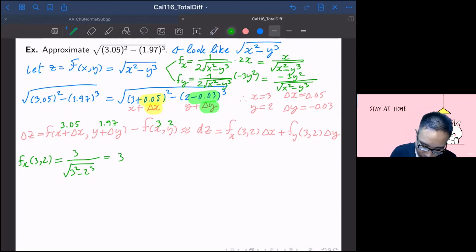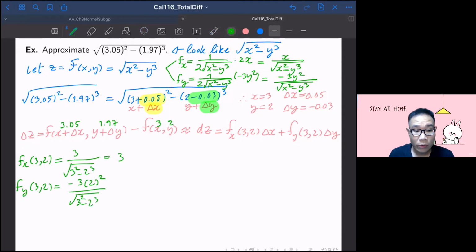And you have fy at (3, 2) to be negative 3 times 2 squared over square root 3 squared minus 2 to the third. I forgot the 2 here. So you would get negative 12 over 2, which is negative 6.